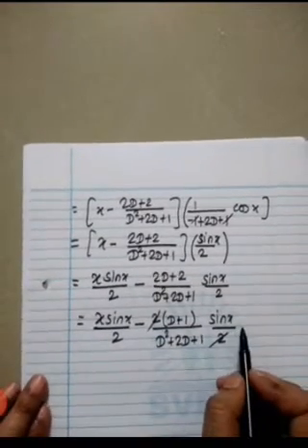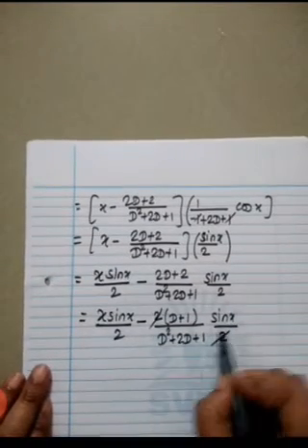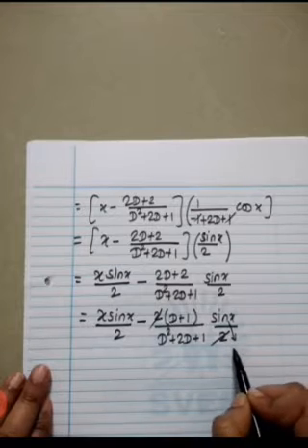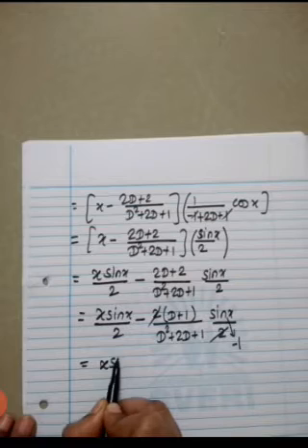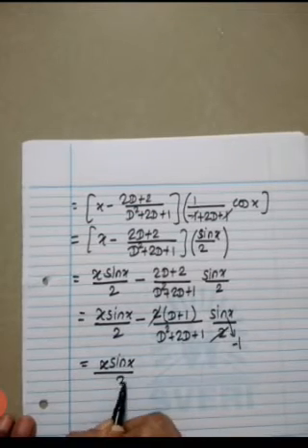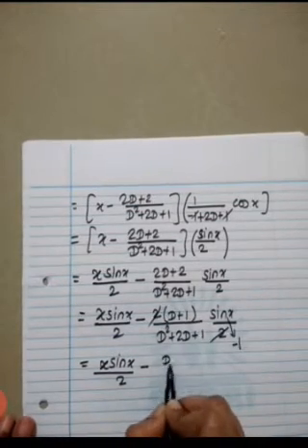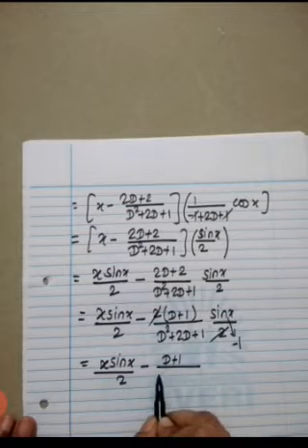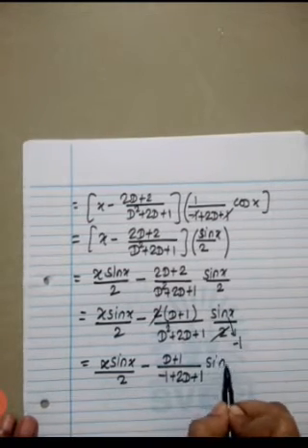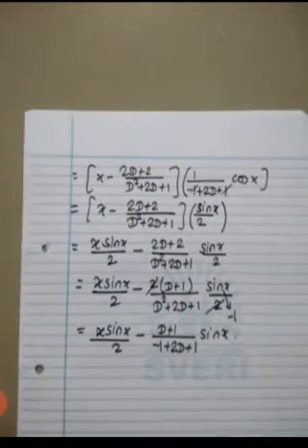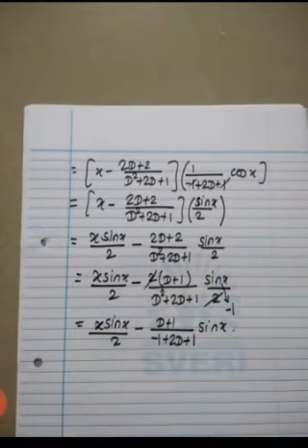Next, this is the case of sine, so D square will be replaced by minus 1. So it is x sin x by 2 minus (D plus 1) as it is upon (minus 1 plus 2D plus 1) sin x. If I am getting wrong somewhere, please let me know.